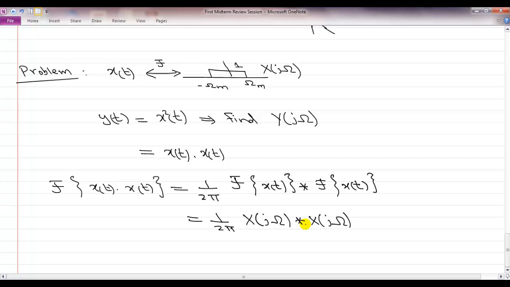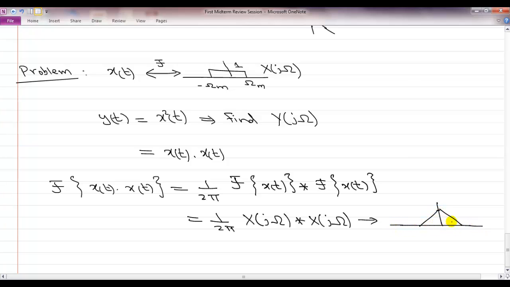The maximum of the triangle is when both boxes are exactly on top of each other. So you can do that simple convolution exercise if you have forgotten, but that's how you get the solution, that what you get out is a triangle.